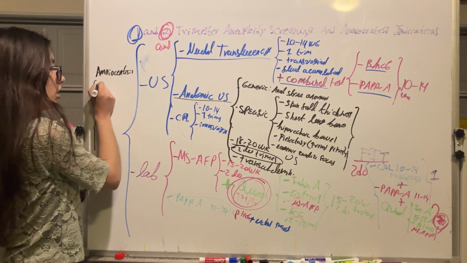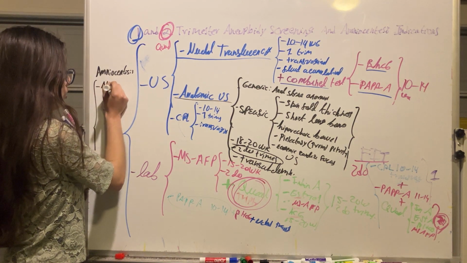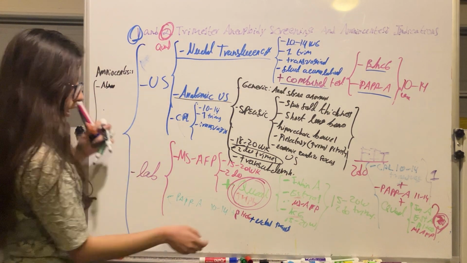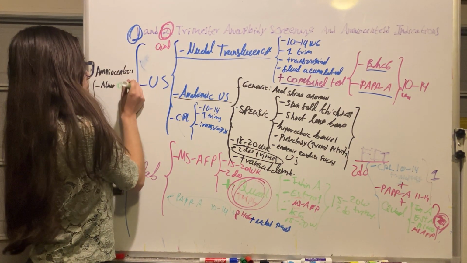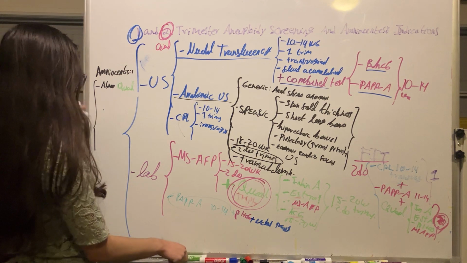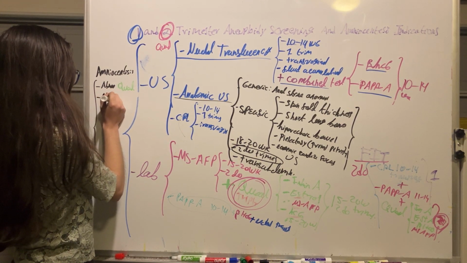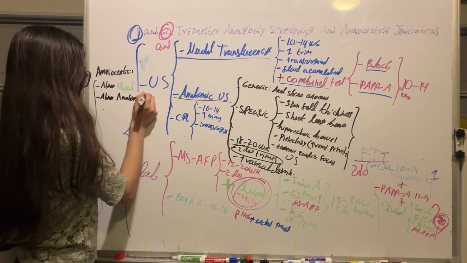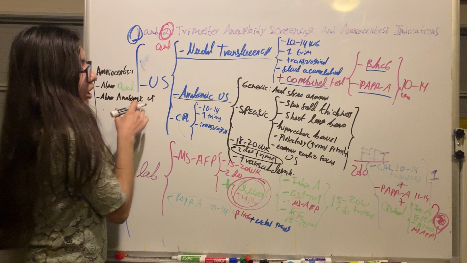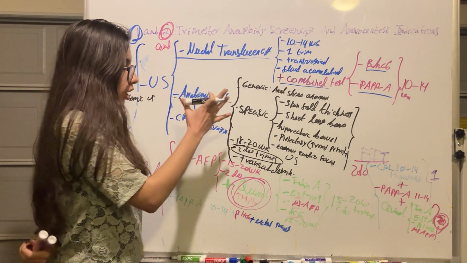Indications for amniocentesis are an abnormal quadruple screen test, or an abnormal anatomic ultrasound, or it doesn't have to be only the anatomic ultrasound.